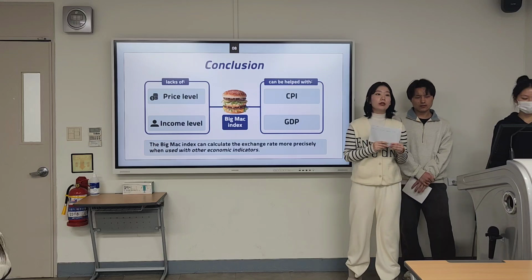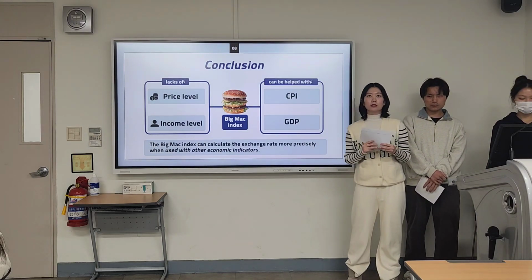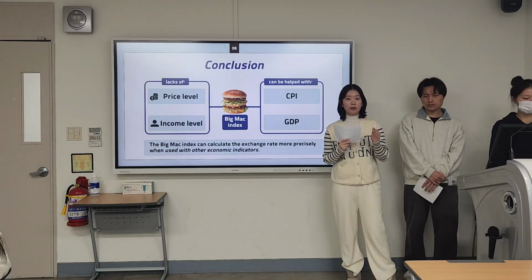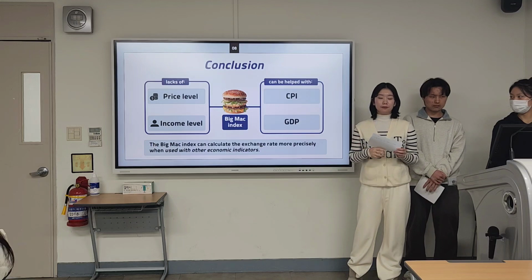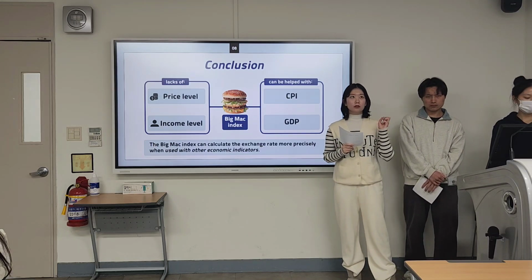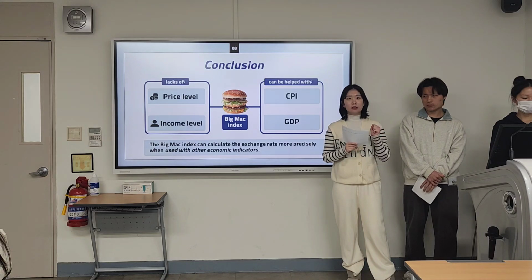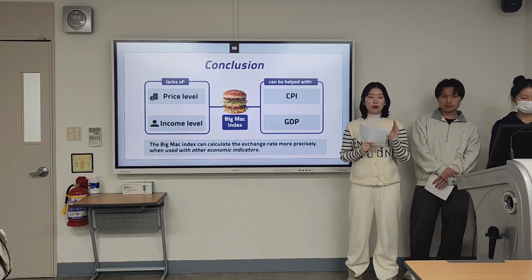In summary, we introduced two economic indicators, CPI and GDP. The Big Mac Index is calculated with only the Big Mac.